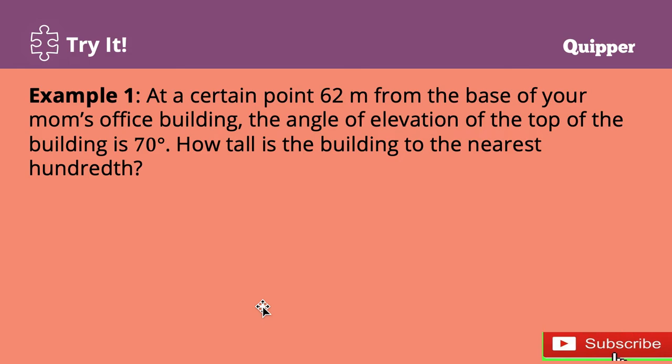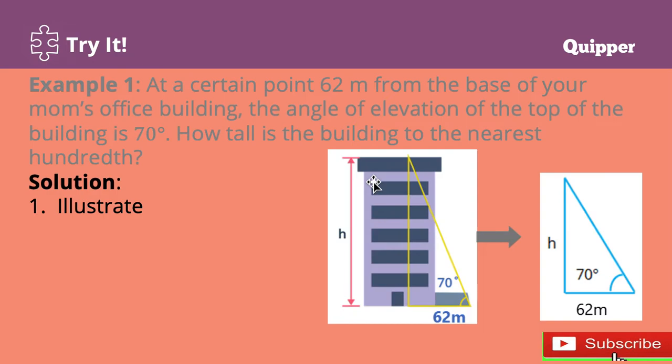Let's try some examples about angle of elevation. First, at a certain point, 62 meters from the base of your mom's office building, the angle of elevation of the top of the building is 70 degrees. How tall is the building to the nearest hundreds? First, we are going to illustrate the problem.